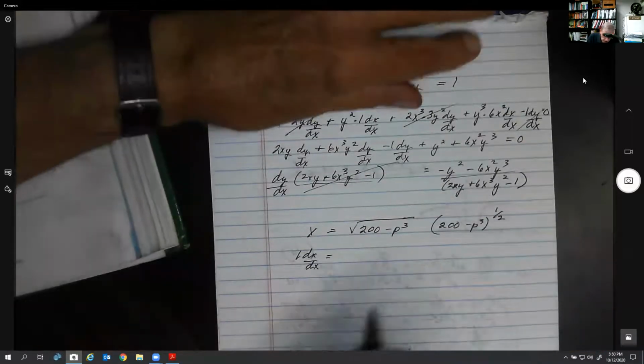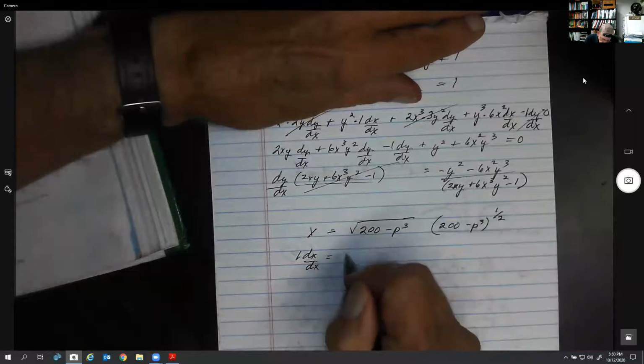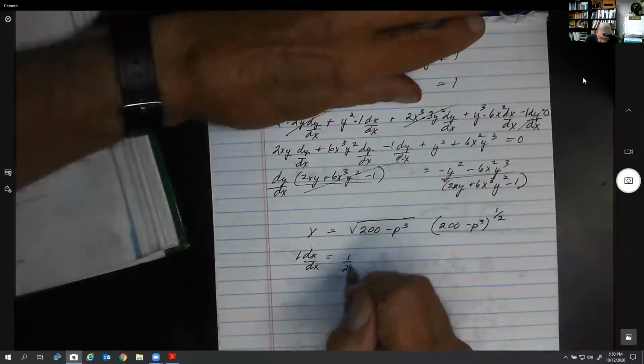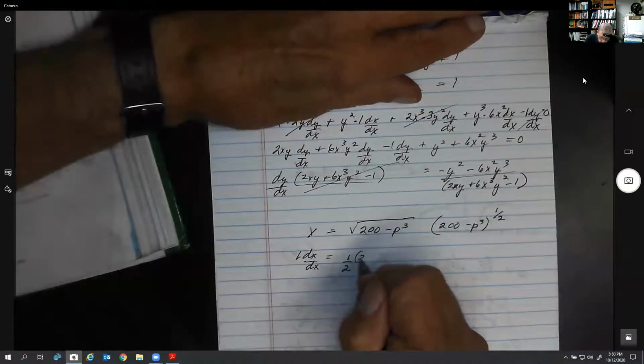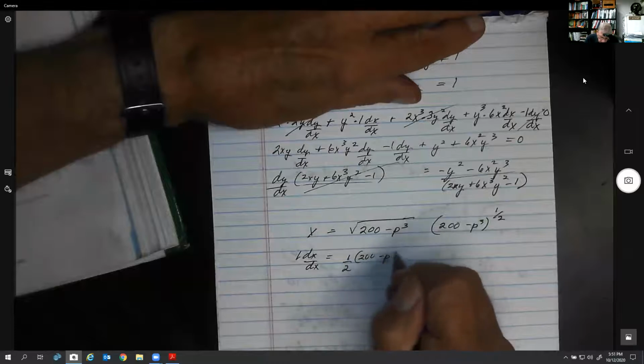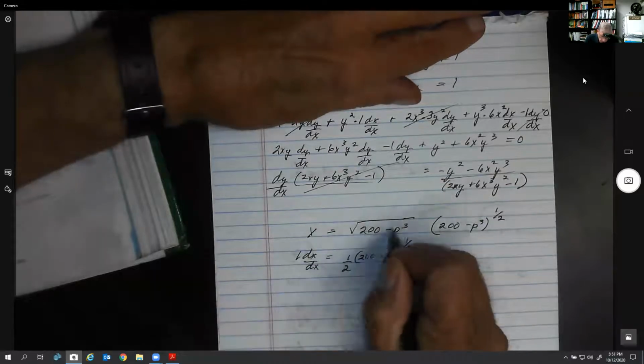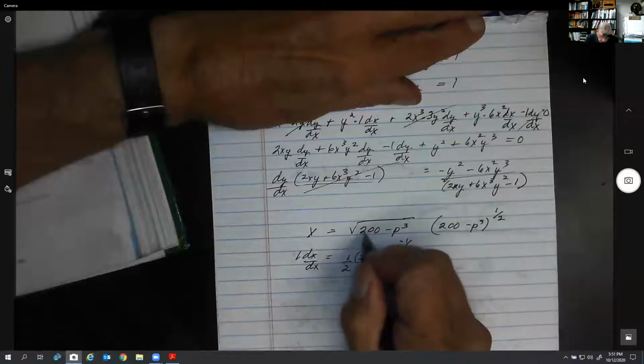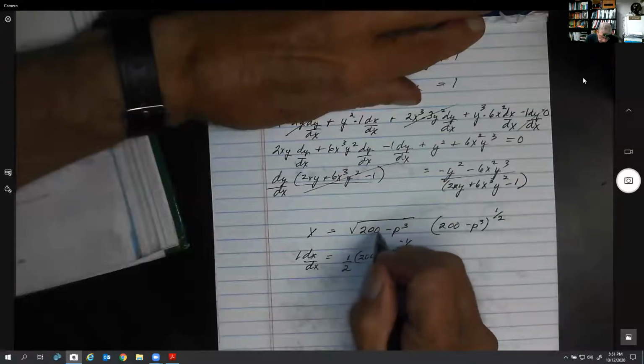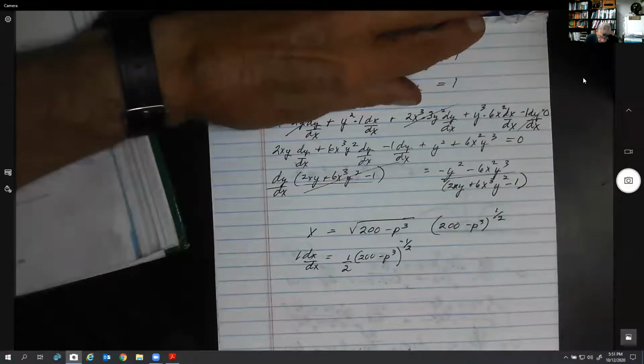So here we've got a little chain rule action going. I got 1/2 times 200 minus p to the third, to the negative 1/2, times the derivative of the inside. Derivative of 200 is 0.